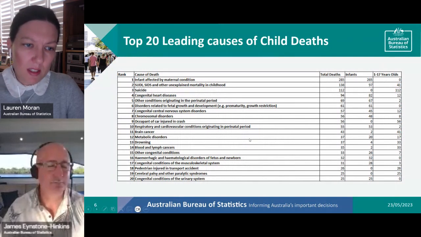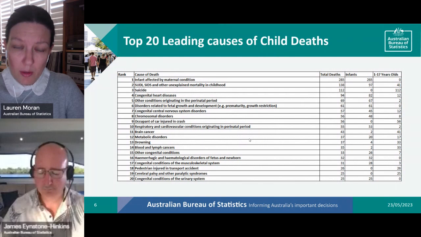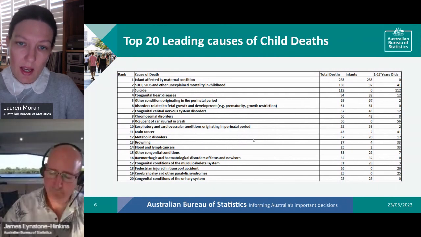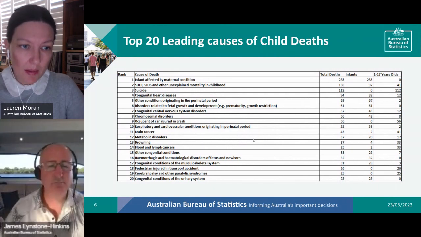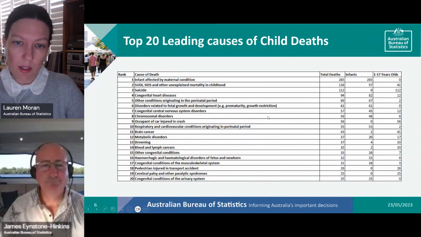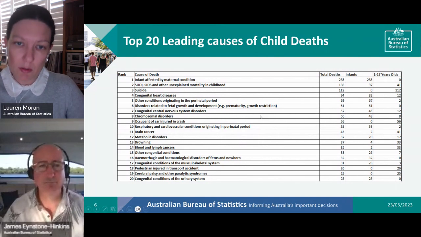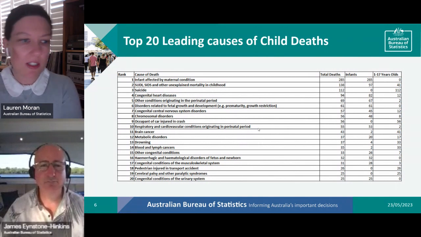But SUDI, SIDS, and other unexplained mortality in childhood, we also have 138 deaths each year, and there are really large changes here. And then we also have suicide as the leading cause of death in people aged 5 to 17. There is a lot of opportunity for change in the way that we capture and report on the depth of information for policy that will change in ICD-11.